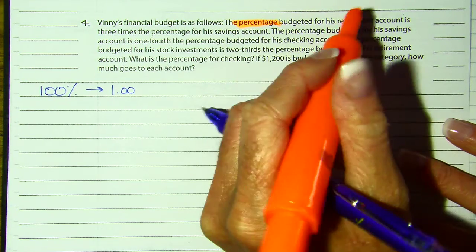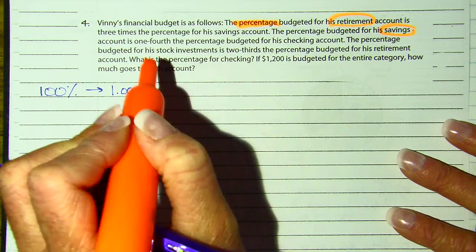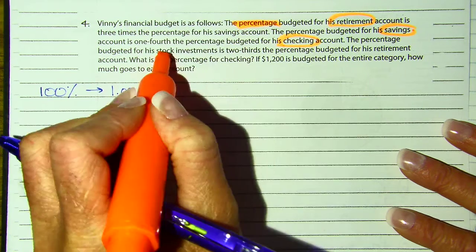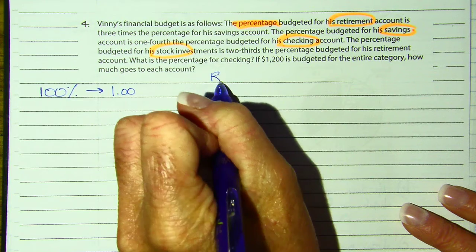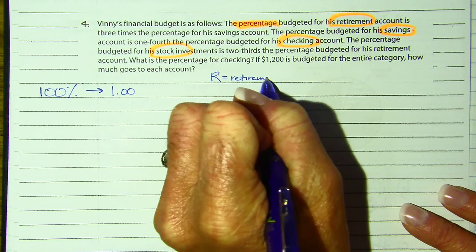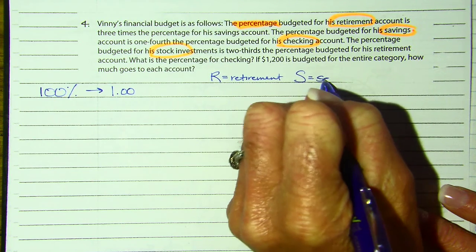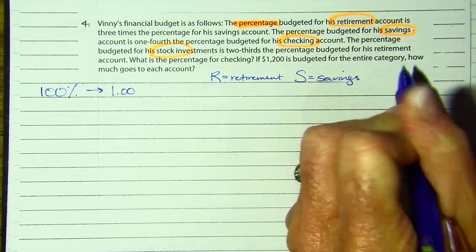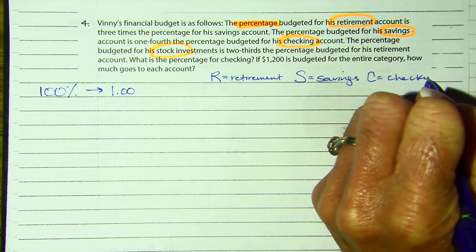So the amount budgeted for his, so I have retirement, savings, checking, and stock. So I'm going to use R for retirement. I'm going to use S for savings. I'm going to use C for checking.